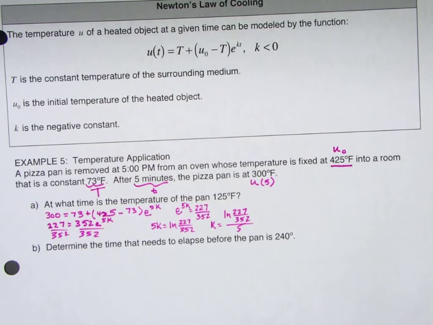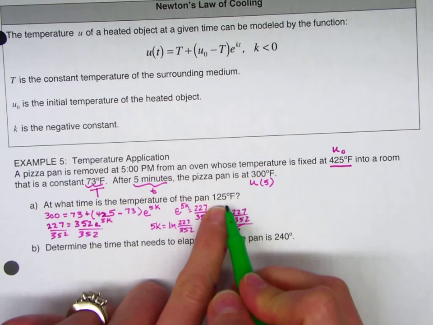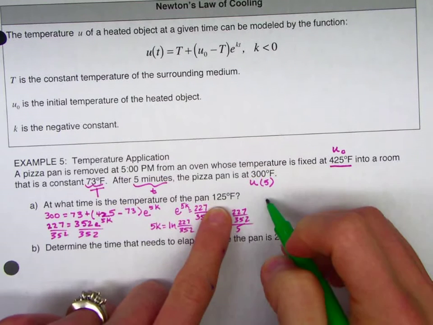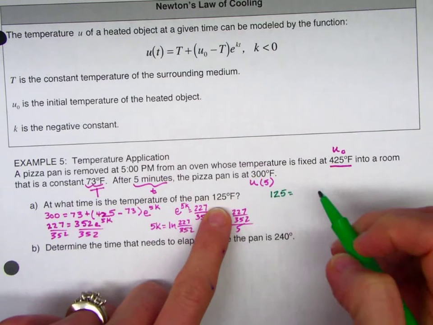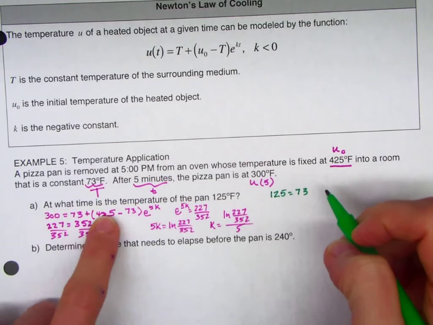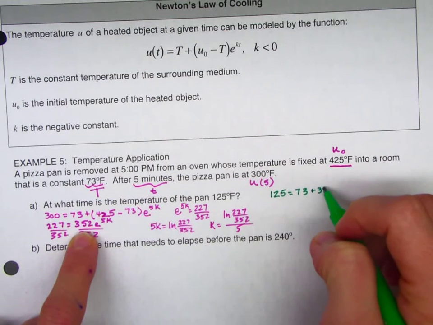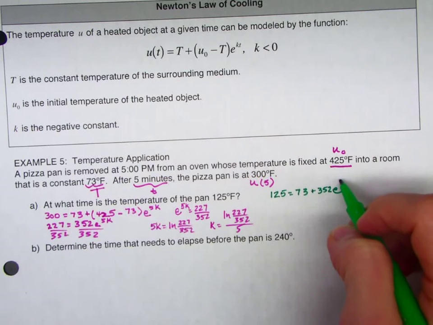So now that we have k, now we can do this part of the problem. We're trying to solve for the time that it takes for the pan to get to 125. Okay, so that's going to be our final temperature. We have 125 equals, and then it's going to be 73, and then we already did this subtraction, so it's plus 352 e to the kt.